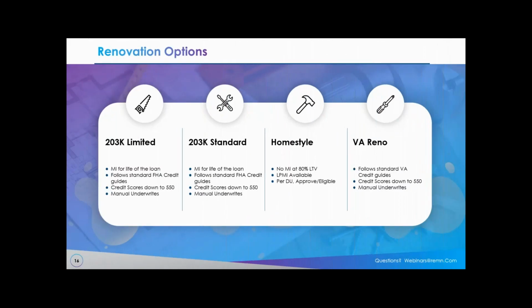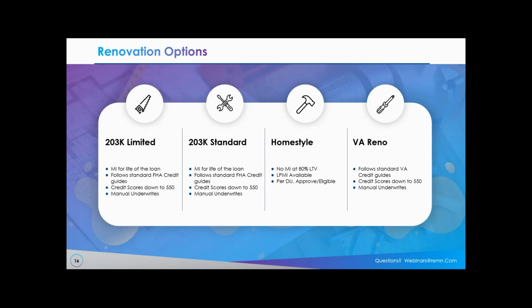Let's talk about breaking that down a little bit further. What else is entailed on a 203K Limited and Standard? We have MI for the life of the loan, just like a standard 203B. On a Fannie Mae HomeStyle, there's no MI at 80% LTV. Okay. On 203K, we follow the same standard FHA credit guide.